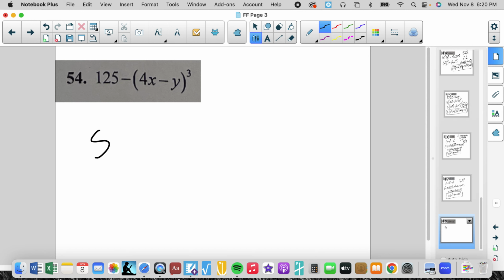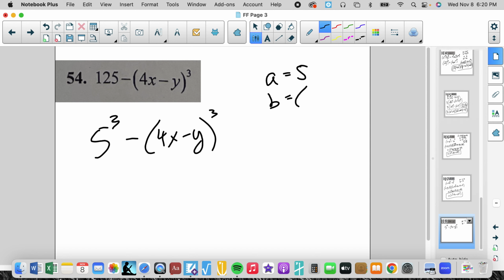Last one, 54. So this is 5 cubed minus 4x minus y quantity cubed. Now this is going to get tricky because of that negative and that quantity. So a is going to be 5, b is going to be 4x minus y. So when we have a minus b, we have to do minus the quantity 4x minus y.